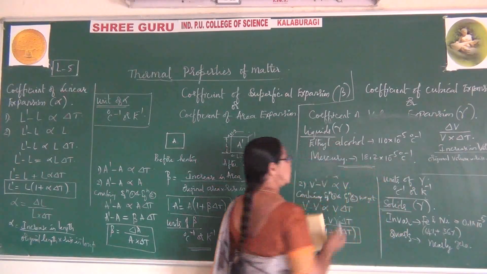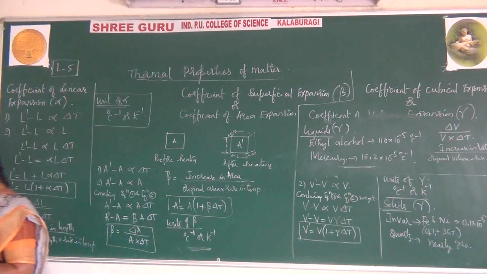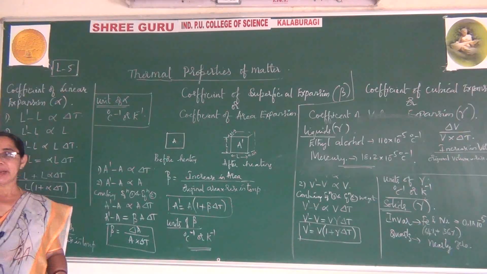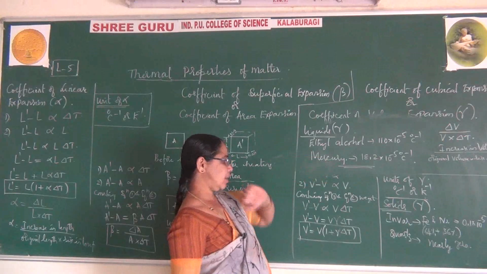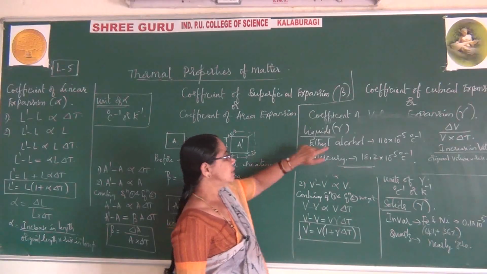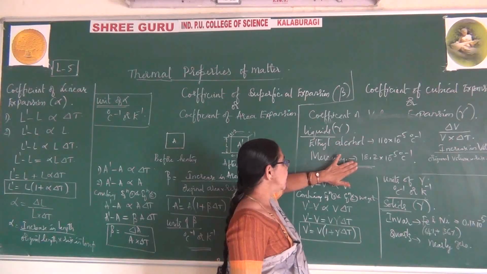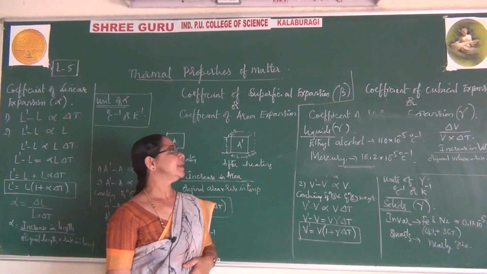So please observe these two examples of liquids for the same rise in temperature. If you supply heat to both the liquids, ethyl alcohol and mercury, ethyl alcohol will show 110 into 10 raised to minus 5 per degree centigrade, but mercury will show 18.2 into 10 raised to minus 5 per degree centigrade.